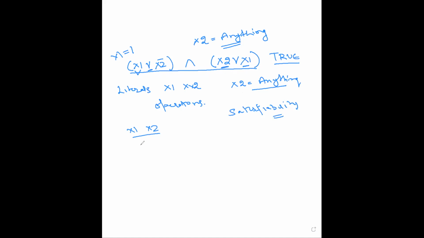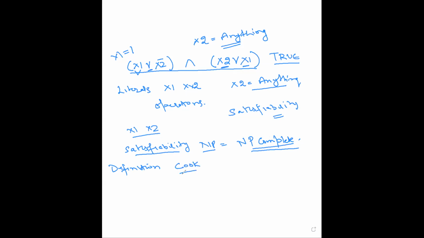Now, why is satisfiability so important for us to study? Because satisfiability was considered to be the first NP problem proved by Cook to be NP complete. And that is our objective: to prove that certain algorithms which come under the category of NP are NP complete. By definition, satisfiability is NP complete because it has already been proved by Cook.